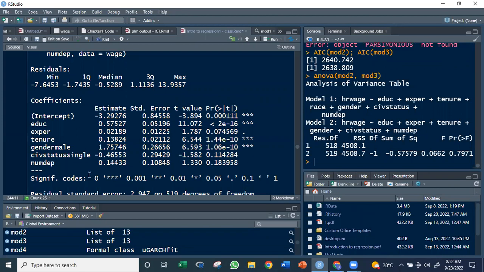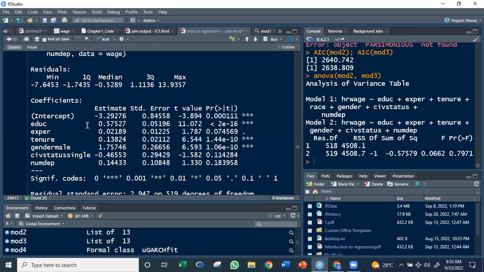It turns out that the least in terms of absolute value is number of dependents. So 1.33. Okay, take note, hindi ko tinitingnan guys yung negative. Si civil status, mas maliit siya numerically, algebraically. Pero we disregard the negative. Hinahanap natin yung absolute value, which is, in this case, yung pinakamaliit is 1.33.